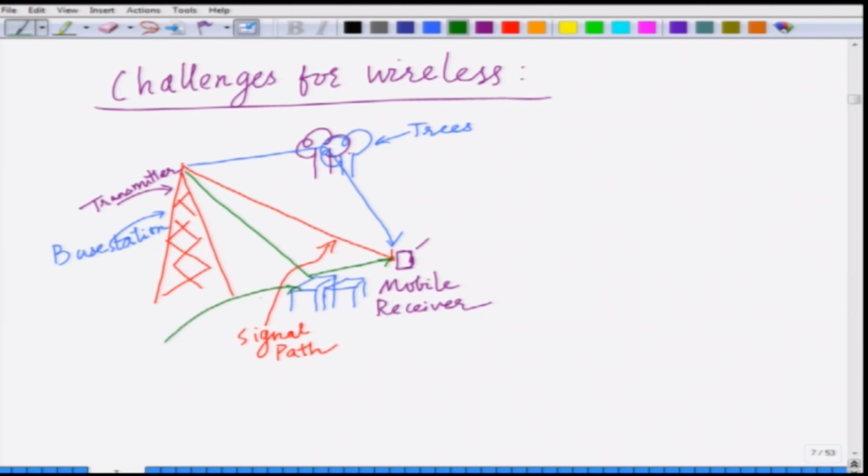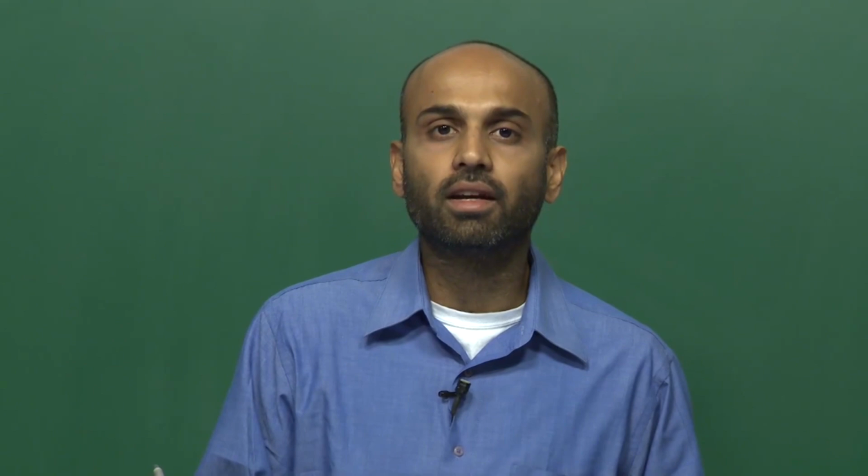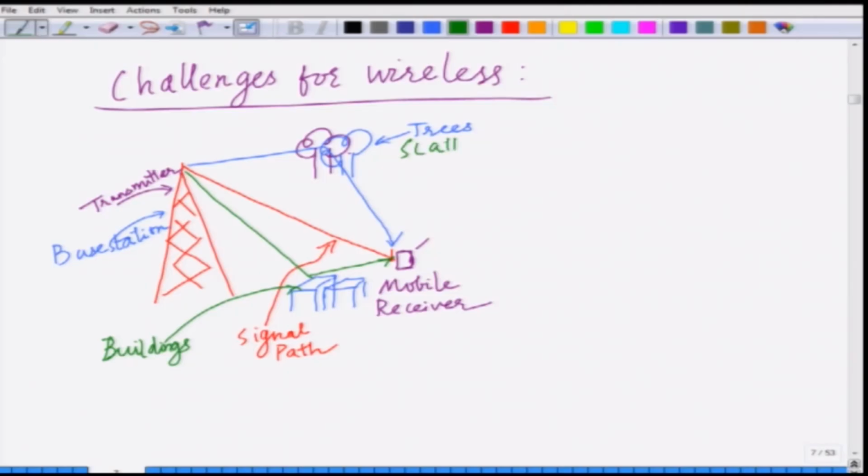So there are trees, there are buildings, and what these are doing is deflecting, or scattering, the received wireless signal. Therefore, these are also known as scatterers.